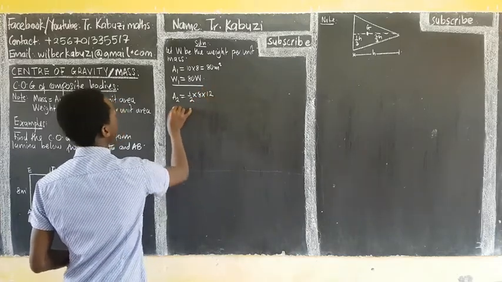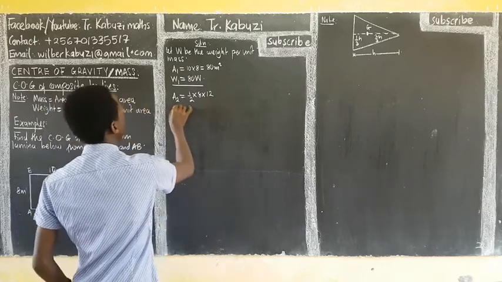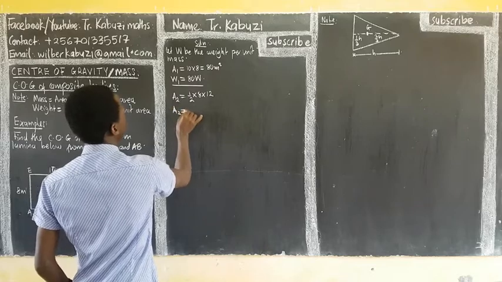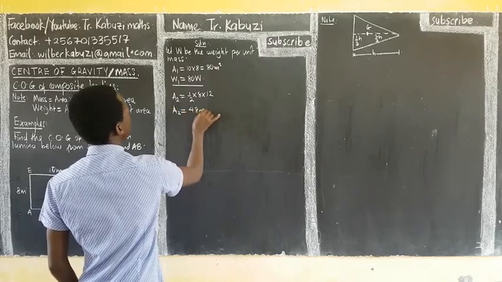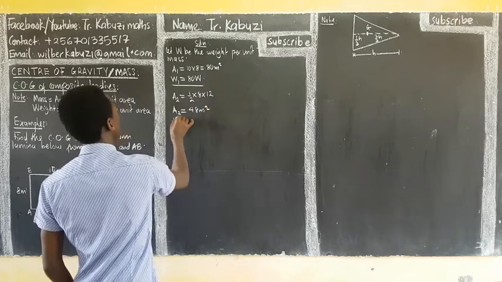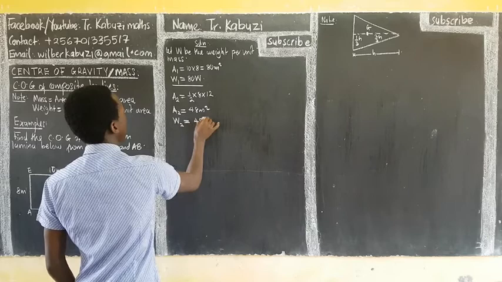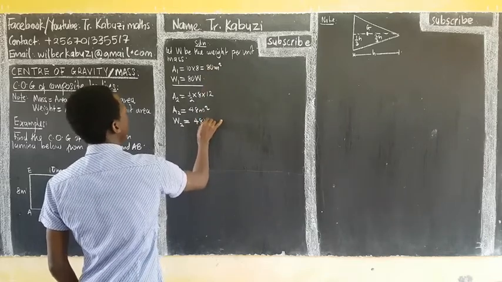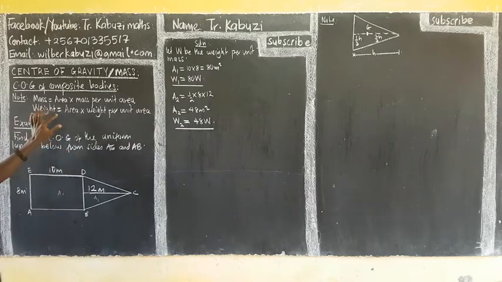This is going to give us our area 2 as 48 meters squared. So it means that now my second weight, I'll get the area times the weight per unit area using this formula here.